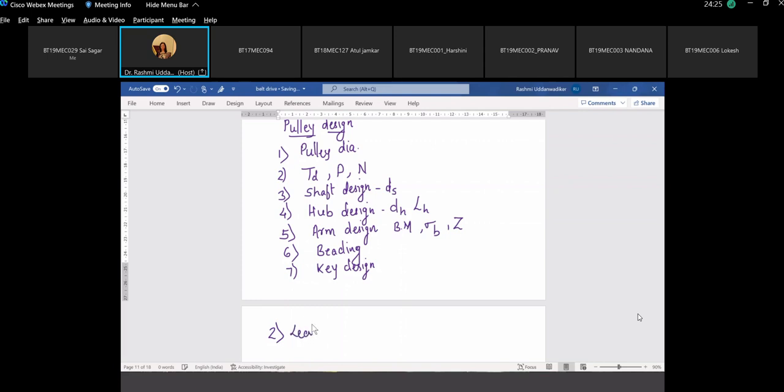Okay, take this next problem. A leather flat belt is required to transmit 15 kilowatt power from a 1000 rpm shaft to another shaft running at 300 rpm.